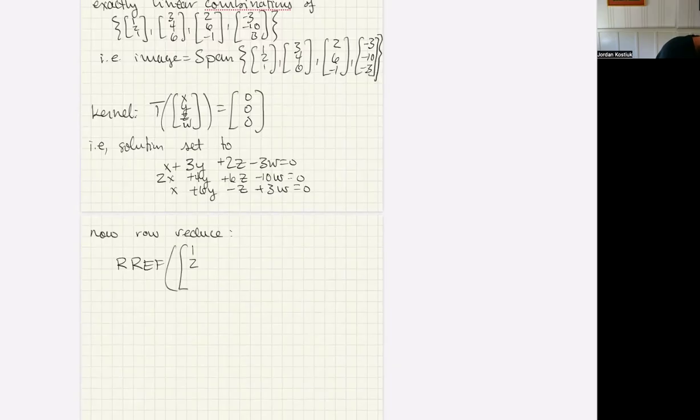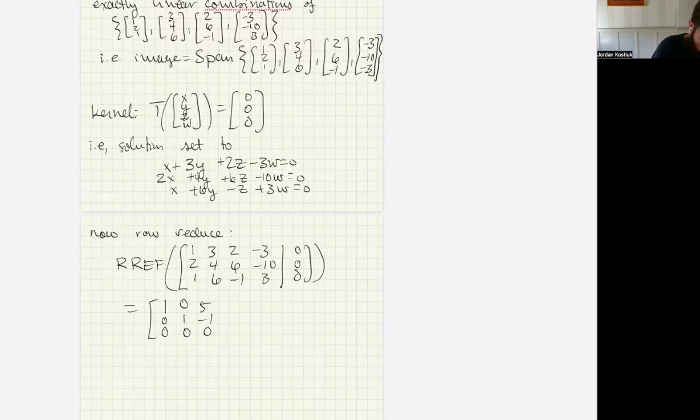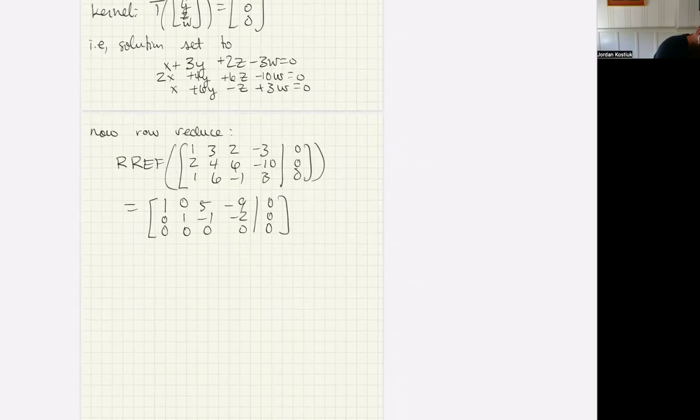If I row reduce the coefficient matrix, we get 1, 0, 0, 0, 1, 0, 5, minus 1, 0, minus 9, minus 2, with zeros on the right.